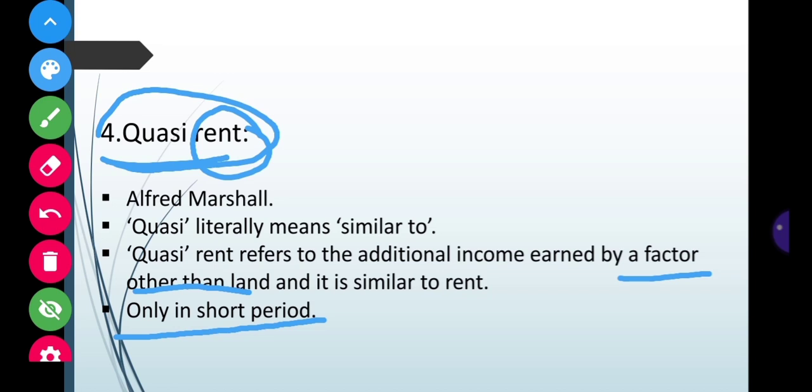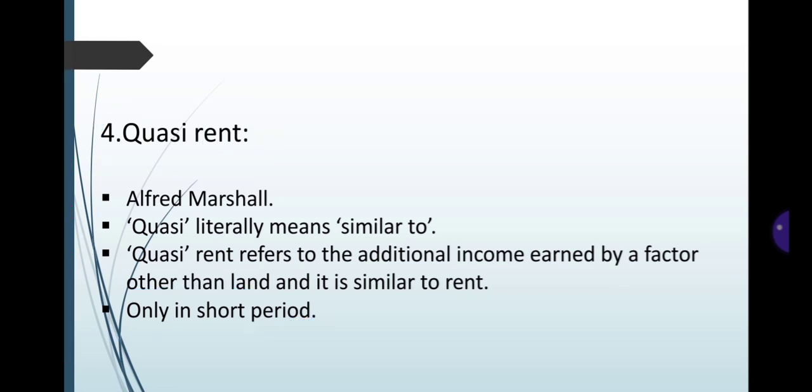When we are unable to increase the supply of that product, automatically the price of that product increases. It means that product can earn more income. In the short run it is possible for the man-made factors, but in the long run we can also increase the man-made factors. That is the reason the Quasi rent disappears in the long run.